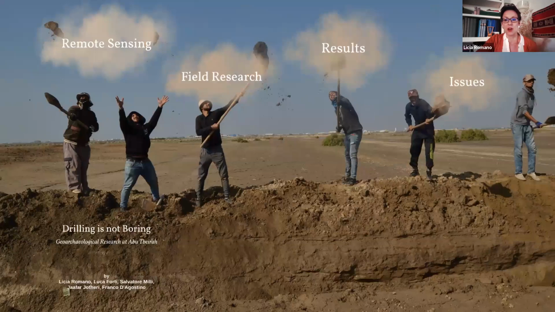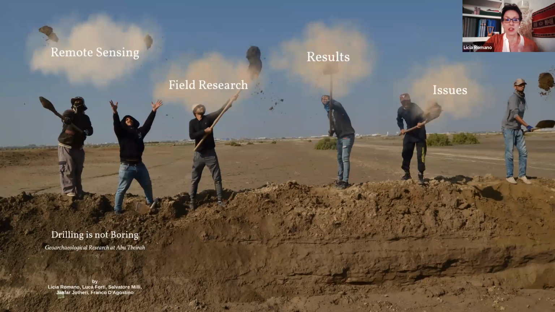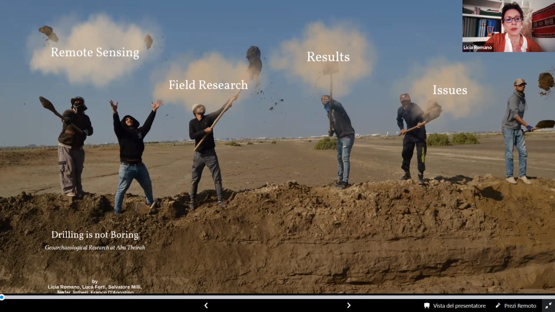We will start from what is visible of the ancient canalization inside and outside the site from remote sensing. Then I will move to the field research, what we found at Abu Tbeirah and the results: how the fluvial dynamics are connected to the life of Abu Tbeirah, or at least I will present our hypothesis.